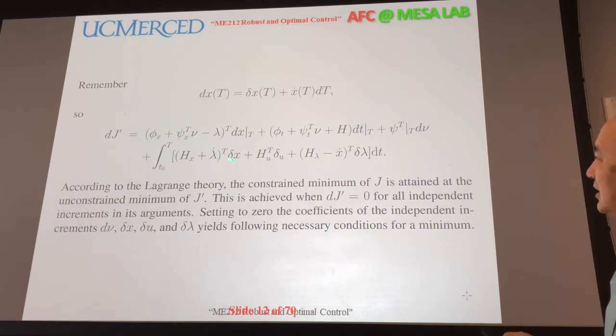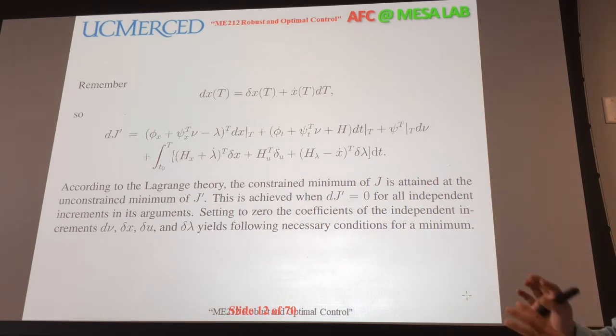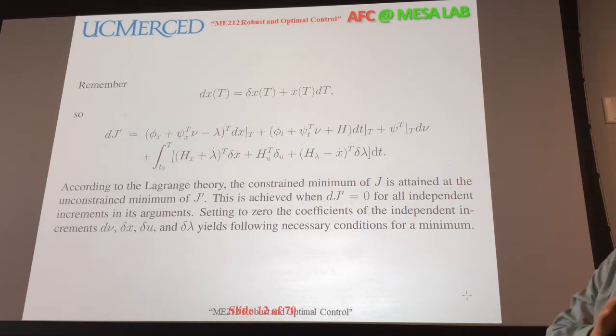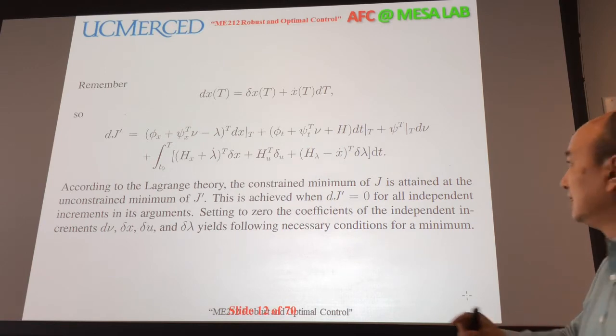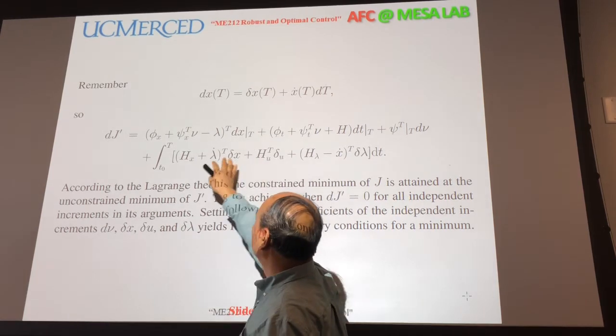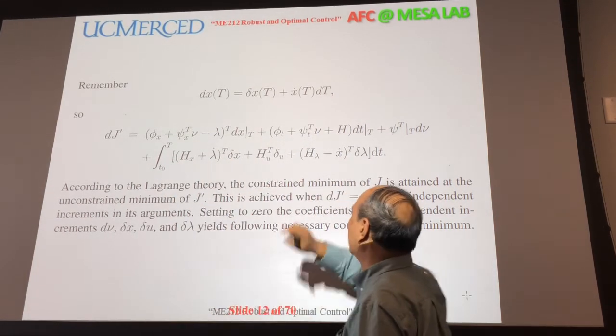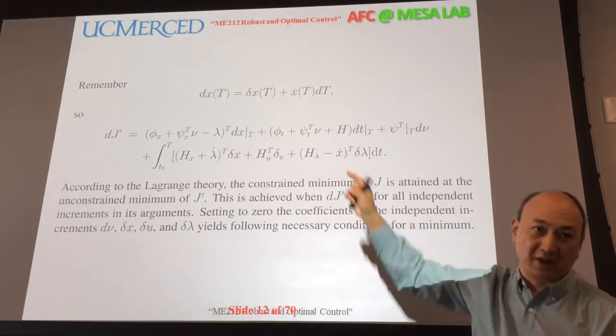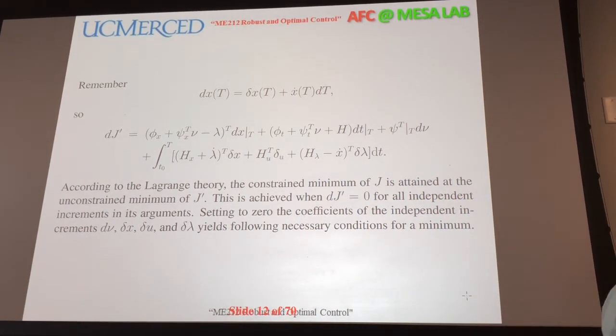So also delta, all these are variations. It's arbitrary. To make this 0, this must be 0. Understand? So this one has to be 0, this one has to be 0, this one has to be 0, because delta x, delta u, delta lambda are arbitrary, can be arbitrarily chosen.